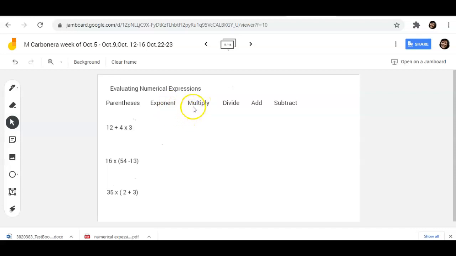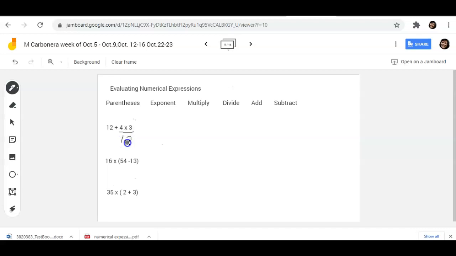For you not to be confused on what you're going to solve first, you are going to underline the numbers to be multiplied. So, you are going to underline 4 times 3, which means you are going to multiply 4 times 3 first. So what is 4 times 3? It is 12. You're going to write down the answer below 4 times 3.